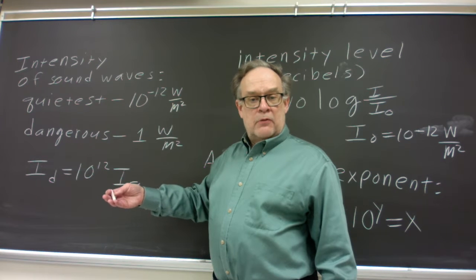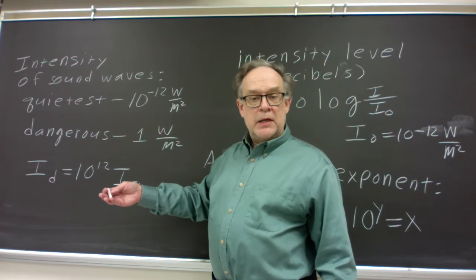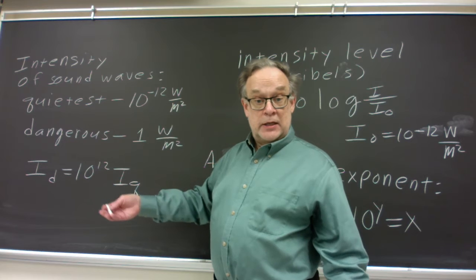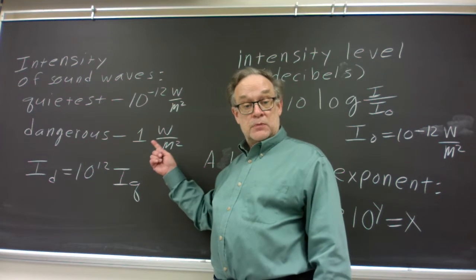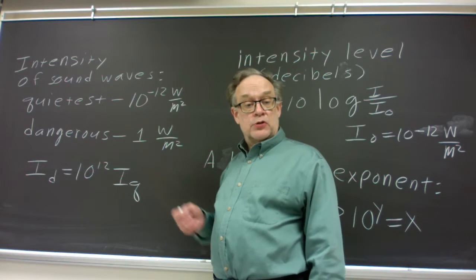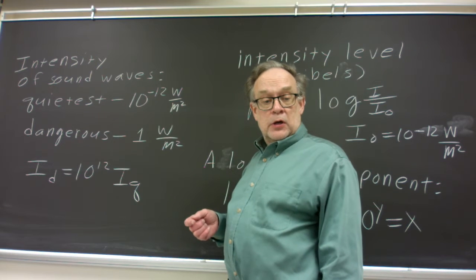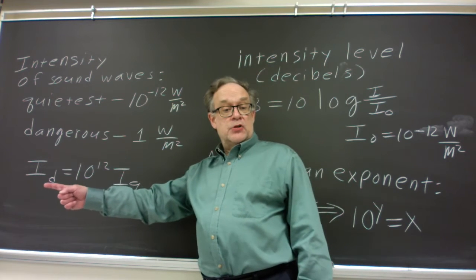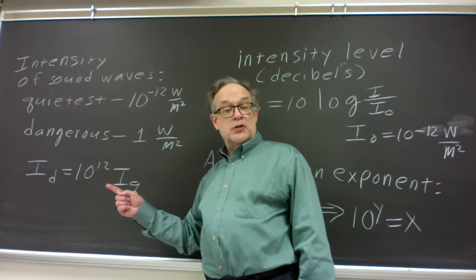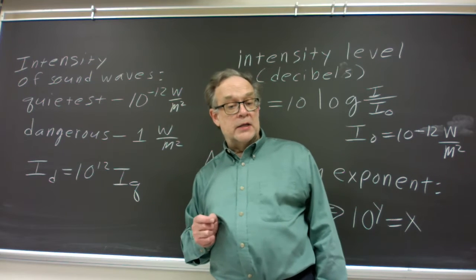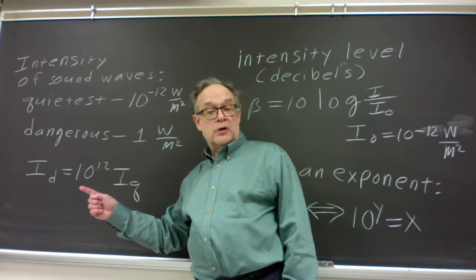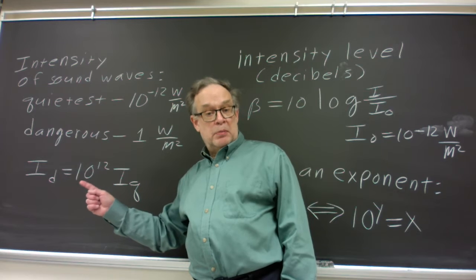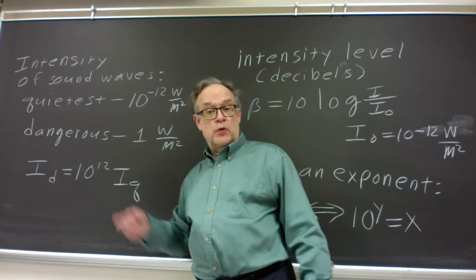The high intensity that would be dangerously high for human ears is 1 watt per square meter. So the dangerous intensity is a factor of 10 to the 12th bigger than the quietest intensity, a factor of 1,000 billion, a huge range.